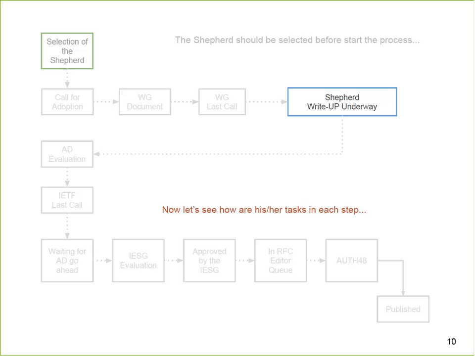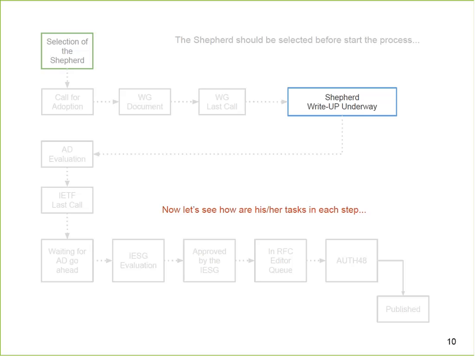The author said that it would be good to select a shepherd at this point, but of course it depends on each case. For example, for RAL, we just rechartered and we have the first work item, and the draft is still in progress. We are talking about who would be a good shepherd for that document, and it's still not done or published. So it depends on each case.